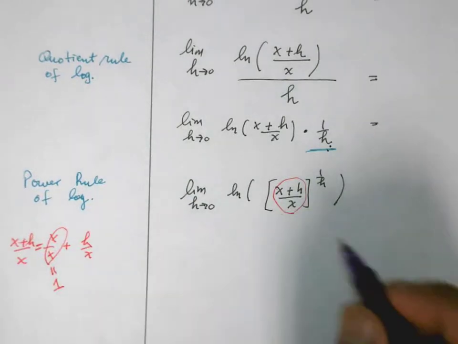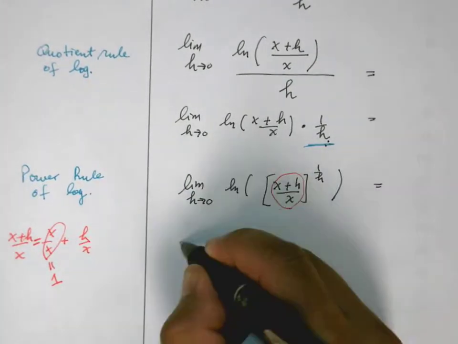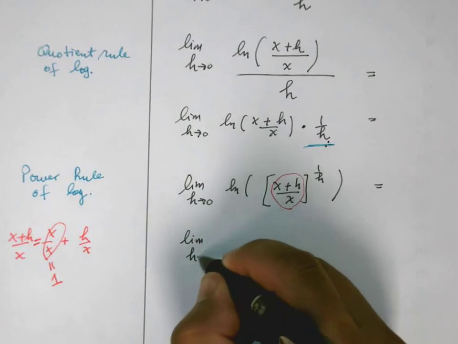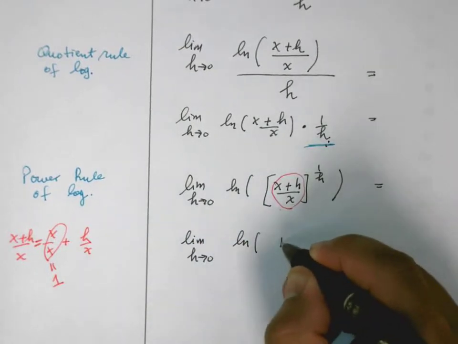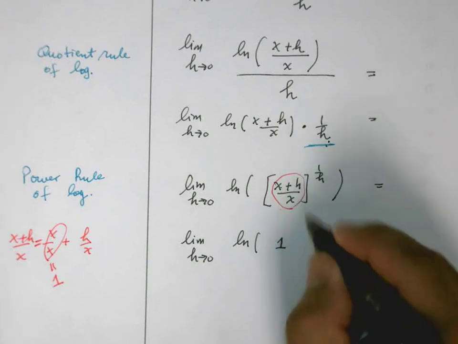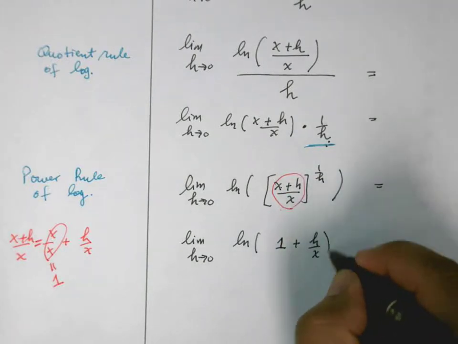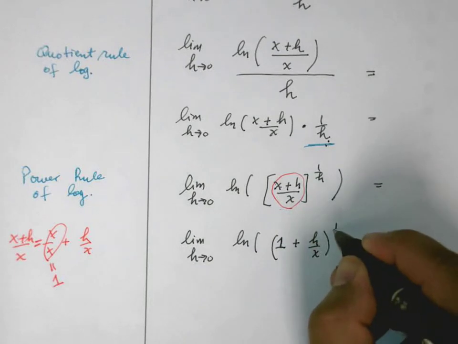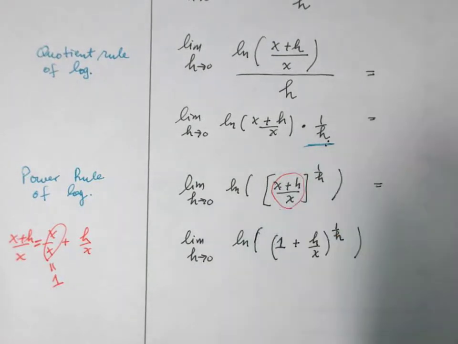So I can continue to write and simplify this a little bit more. This is the limit as h approaches 0 of the natural log of 1, because that's just x over x, plus h over x, all of this raised to the 1 over h power, and that whole thing is inside of the natural log.